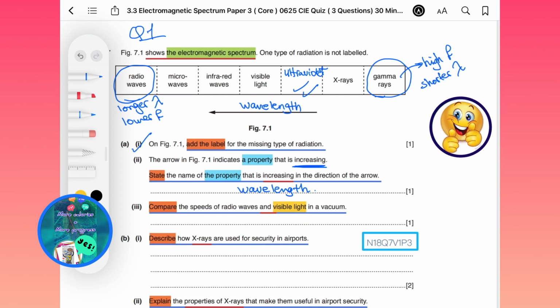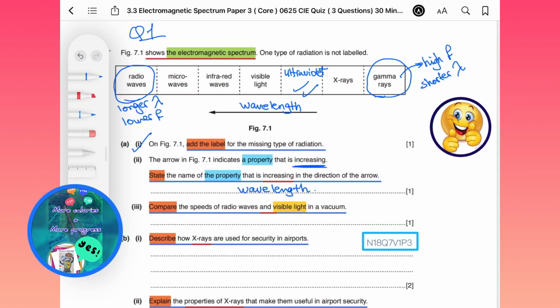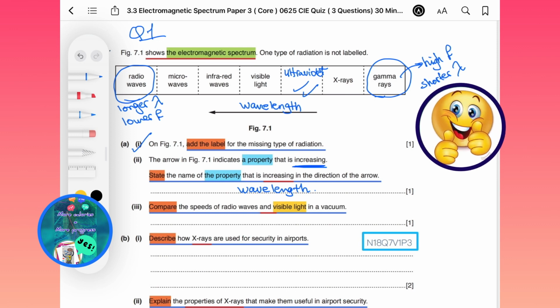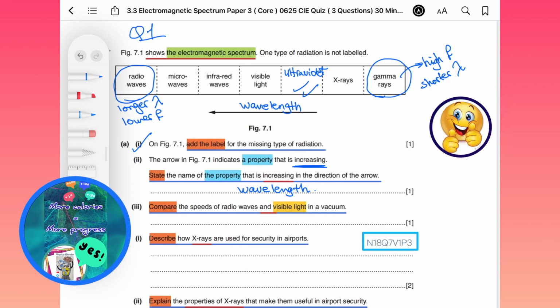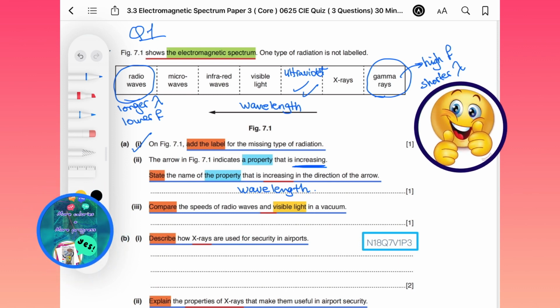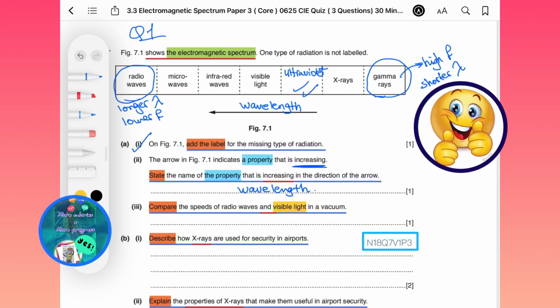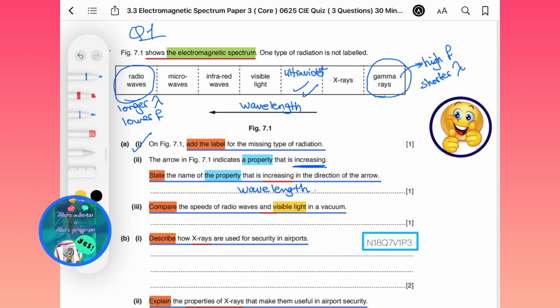Compare the speeds of radio waves and visible light in vacuum. You know that all the members of electromagnetic spectrum family, they all travel at the same speed of light in vacuum. Not only radio waves and visible light, all of them. Okay, but you have to write a complete sentence that visible light and radio waves have the same speed of light in vacuum.